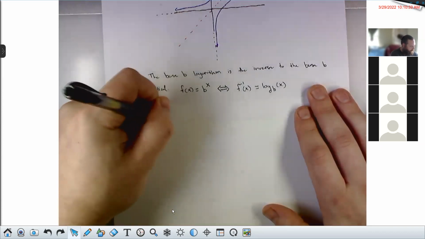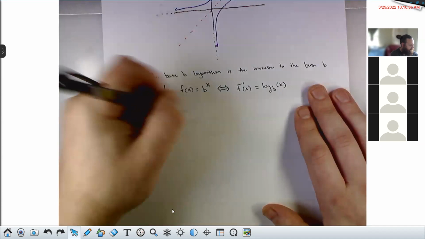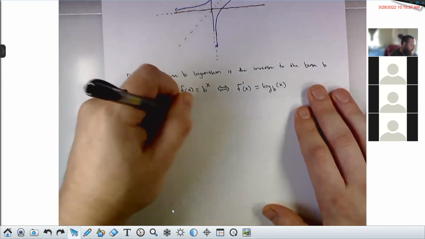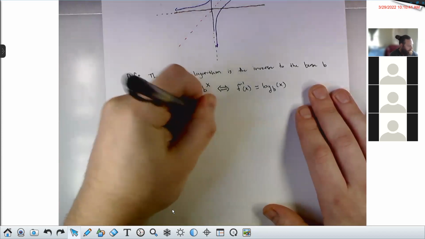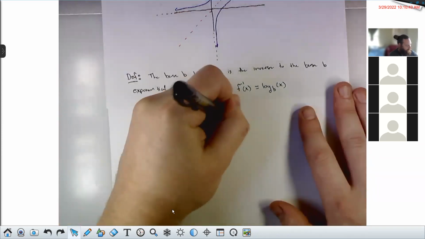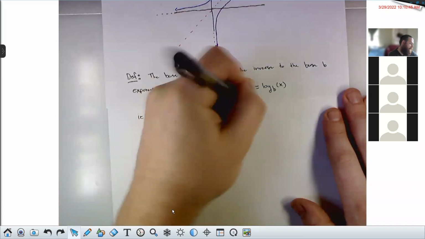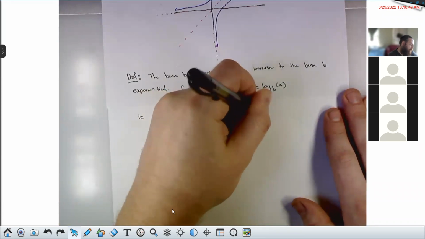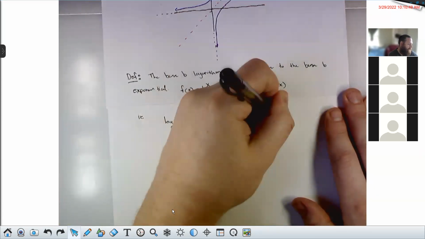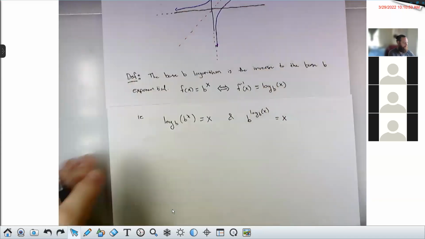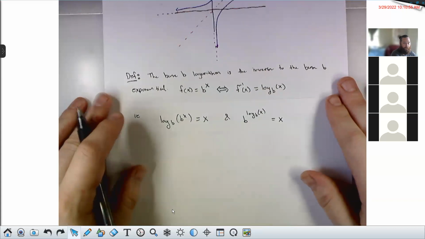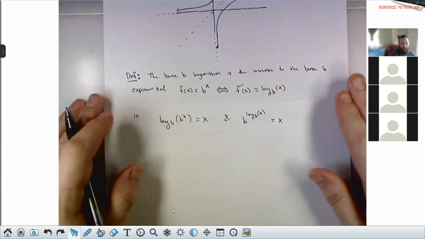So that means that the base b log of b to the x, plugging this in here, should be equal to x. And that b raised to the power of the base b log of x will also simplify to x. You can take these as definitions.